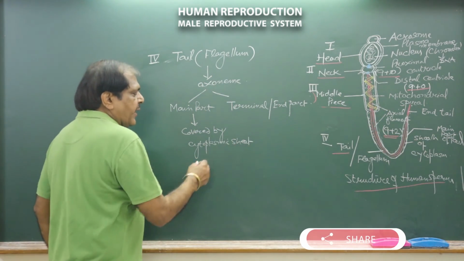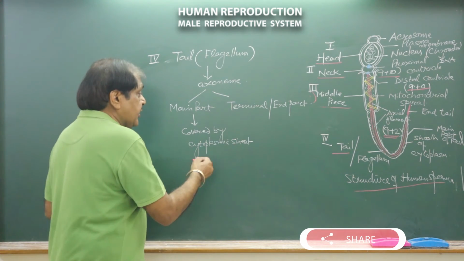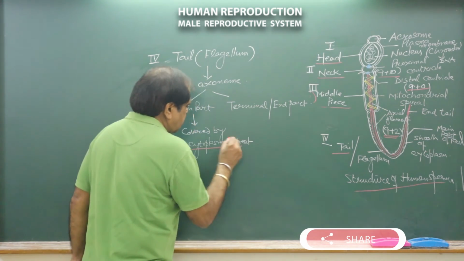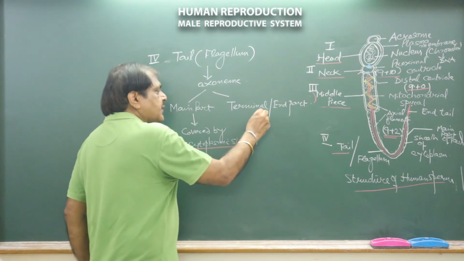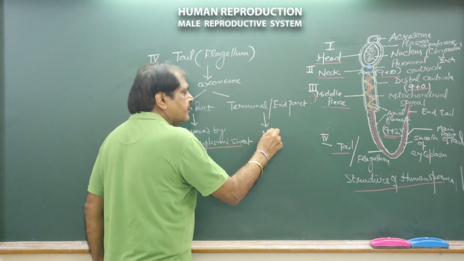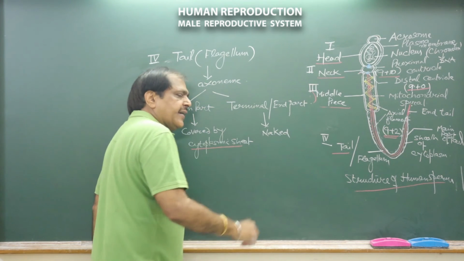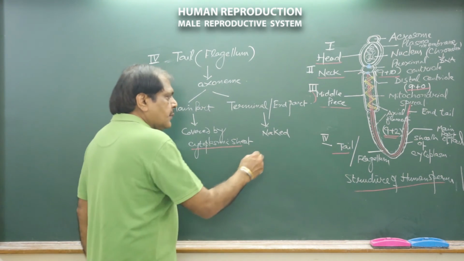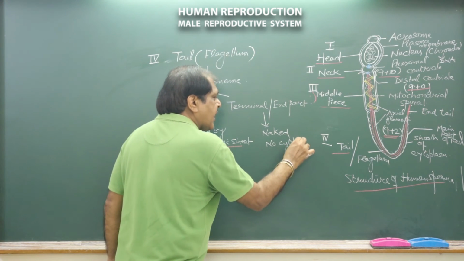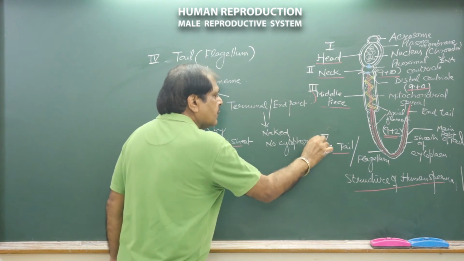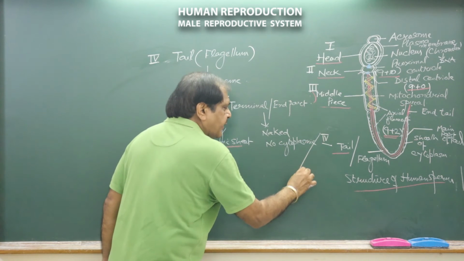It is covered by a cytoplasmic sheath. The terminal or end part is naked, with no cytoplasmic or plasma membrane.